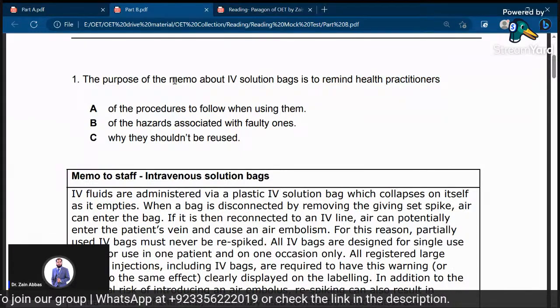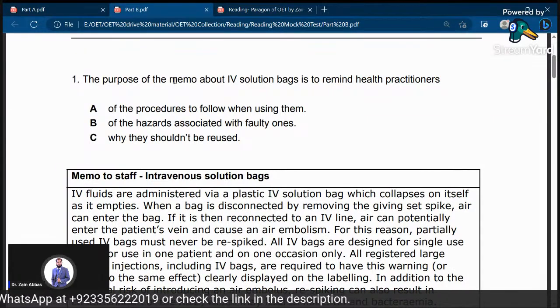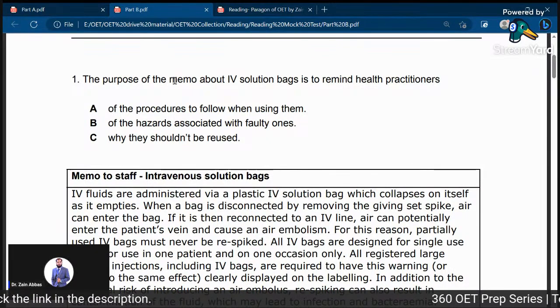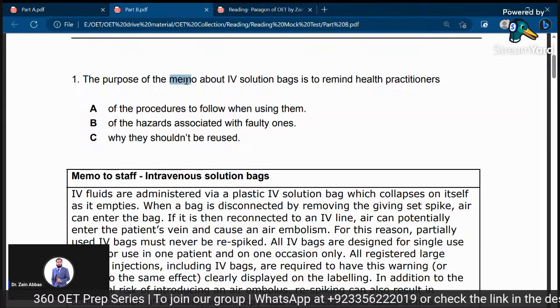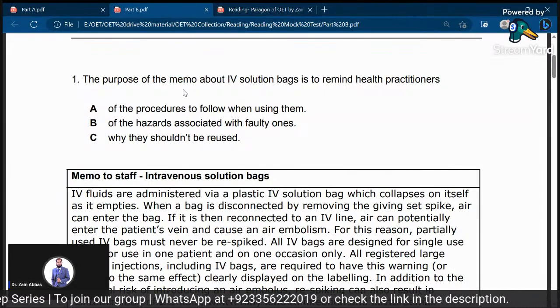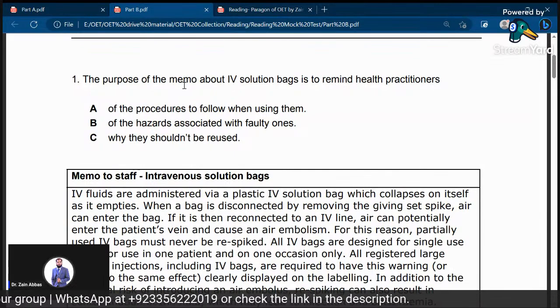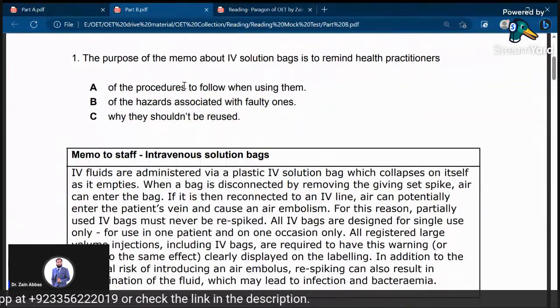So maybe the memo is from the medical staff, or maybe from the administration. You don't need to worry about the exact meaning of this word. You can answer the question without knowing the actual meaning of this word. So this is the context technique.